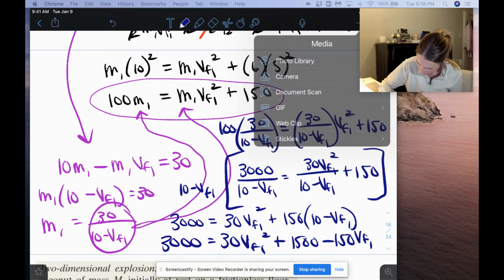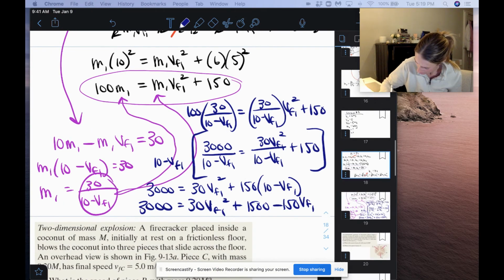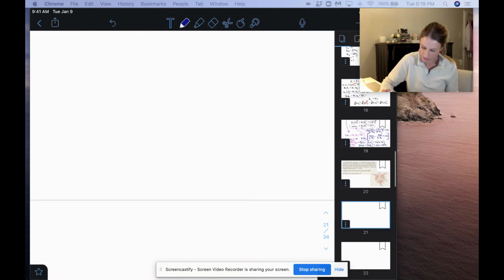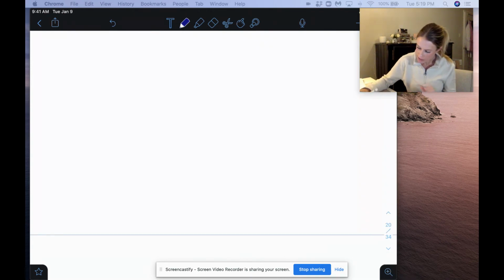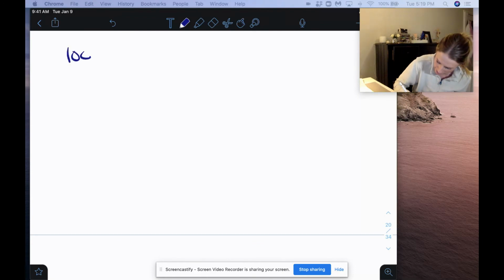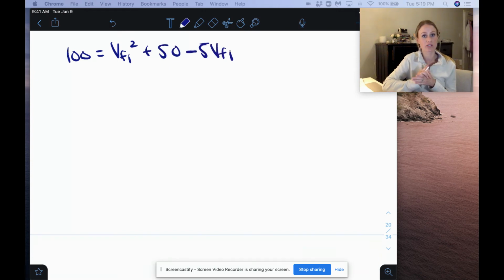So we are now going to divide everything by 30. What we end up getting here is 100 equals v final 1 squared plus 50 minus 5 v final 1. So I just divided every single term by 30.